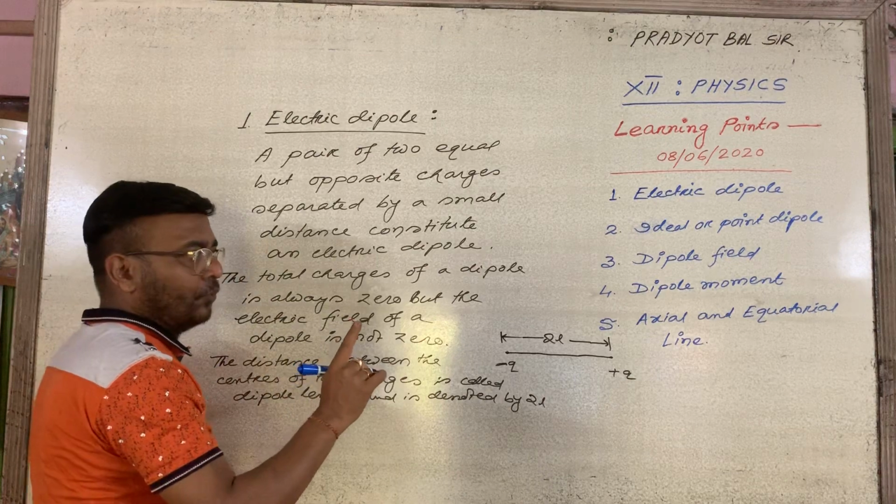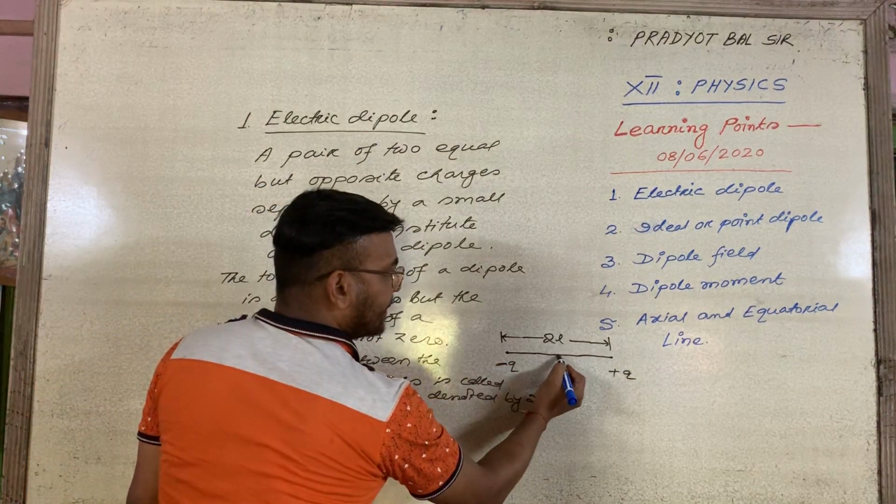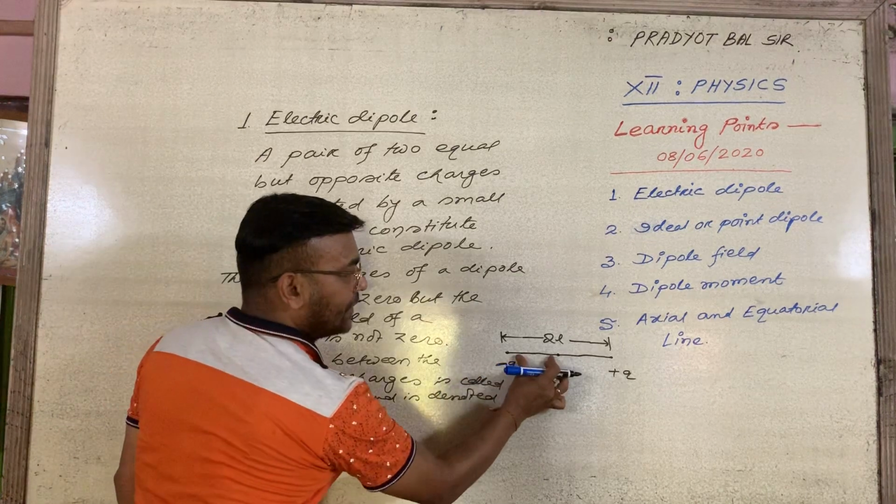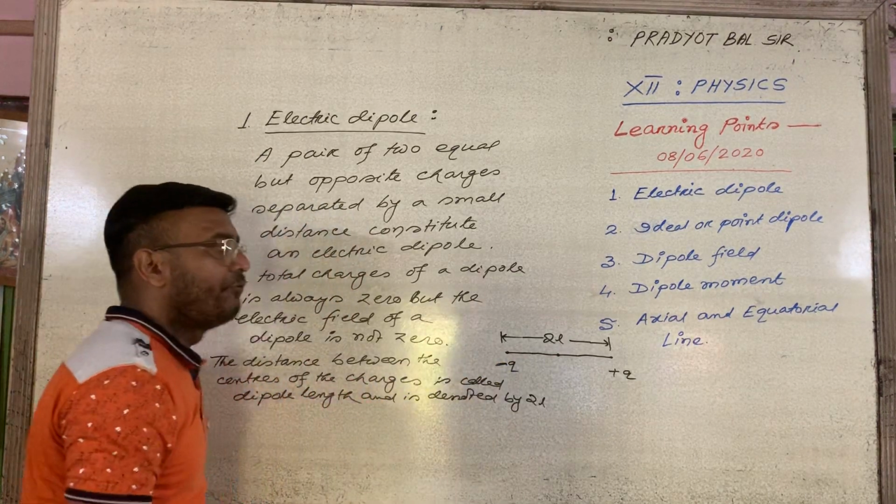For any dipole, the midpoint is always necessary, and that's why we have taken twice L, so that the half of the distance become L without a fraction.